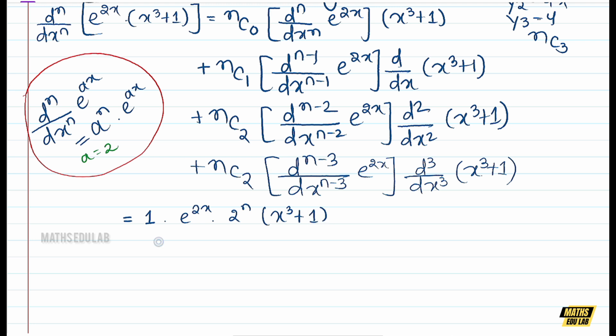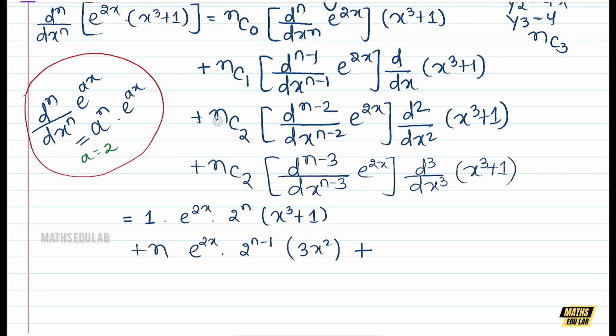Then plus again nC1, whose value is n, then the (n-1)th derivative of e to the power of 2x will be written as e to the power of 2x into 2 to the power n minus 1, and the derivative of g is 3x square.